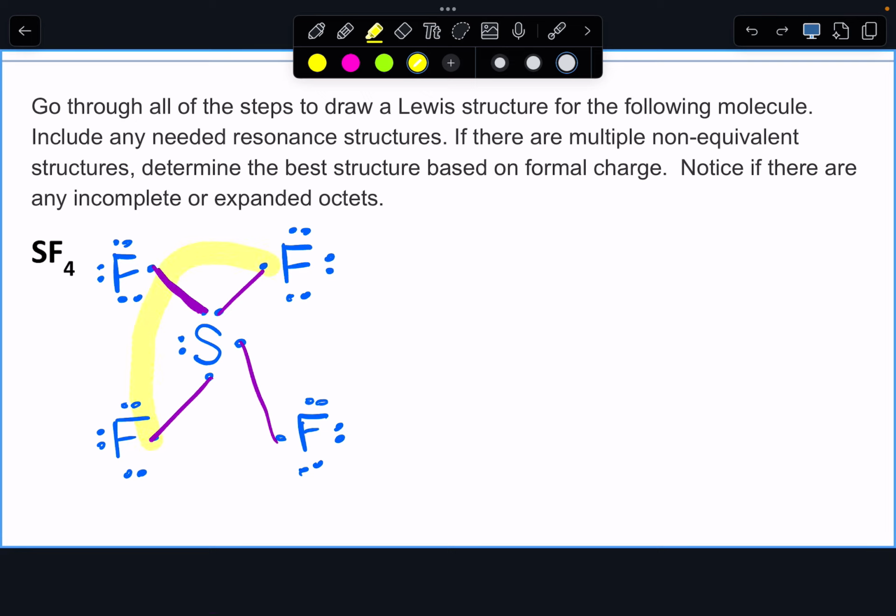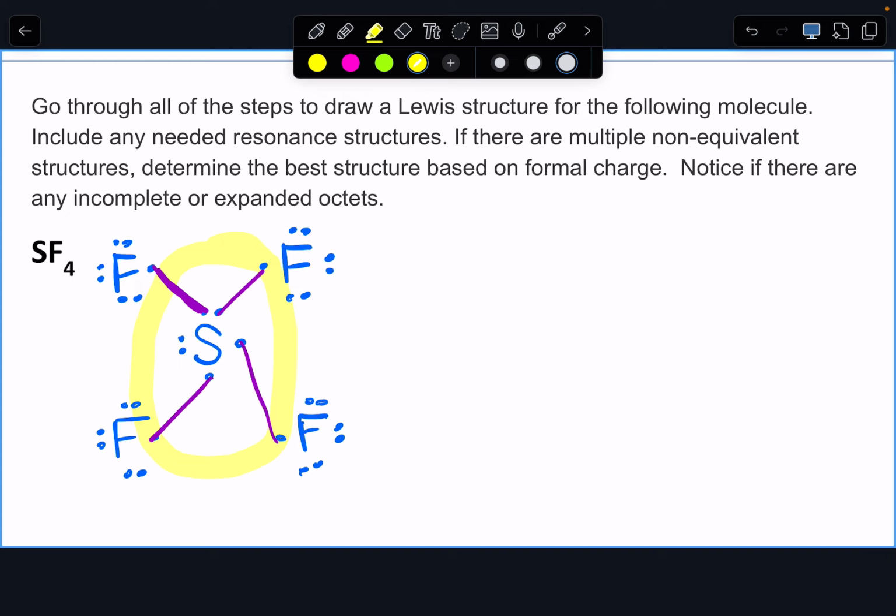Looking at the number of groups that are surrounding the sulfur, so this is not formal charge, that's not what I'm doing right now. I'm just looking at, is the octet satisfied? It's more than satisfied, right? It has 10 electrons surrounding it, 5 groups. It doesn't have to.